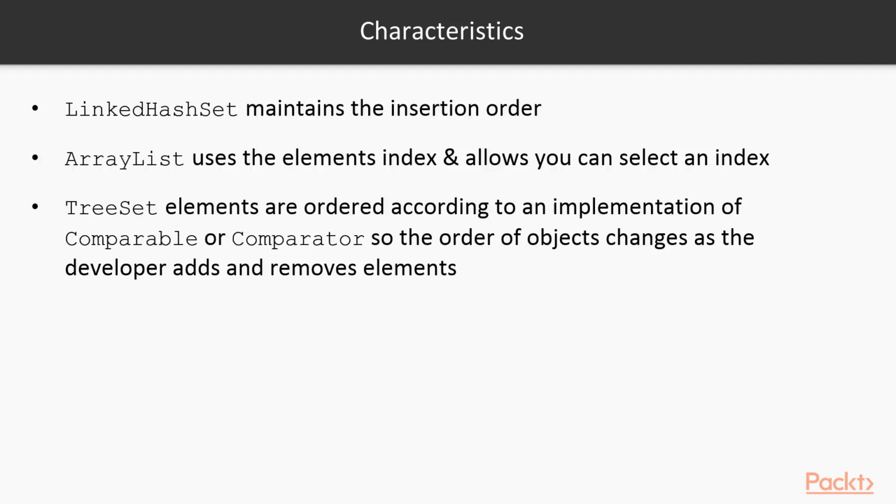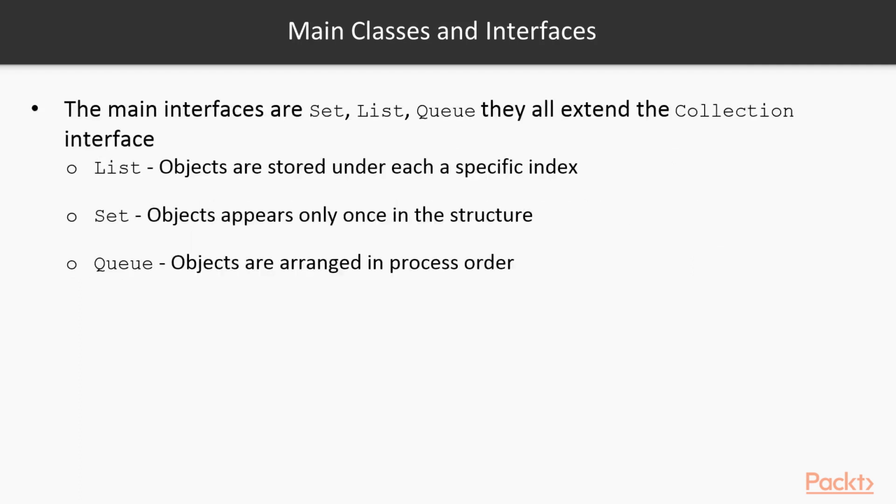Elements are ordered according to an implementation of comparable or comparator. So the order of objects changes as the developer adds and removes elements. Linked hash set and array list are ordered. Tree set is sorted.